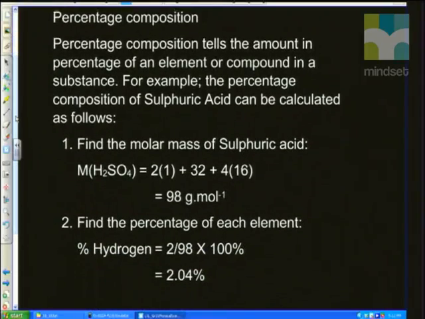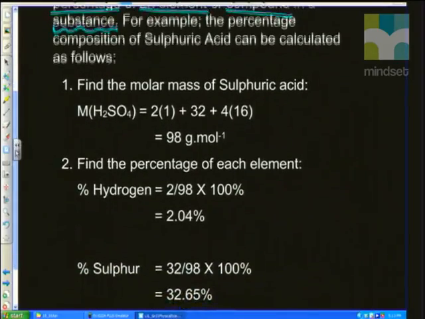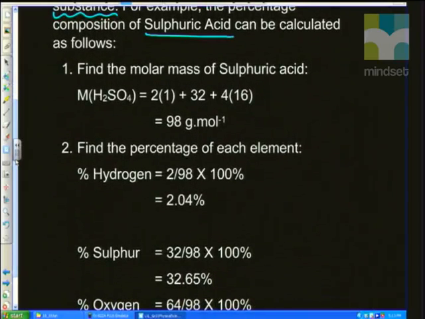Percentage composition. Here, percentage composition tells us the amount, in percentage, of an element or a compound in a substance. For example, the percentage composition of sulfuric acid. In sulfuric acid you've got hydrogen, you've got sulfur, you've got oxygen.